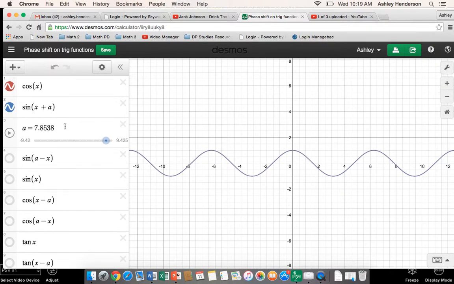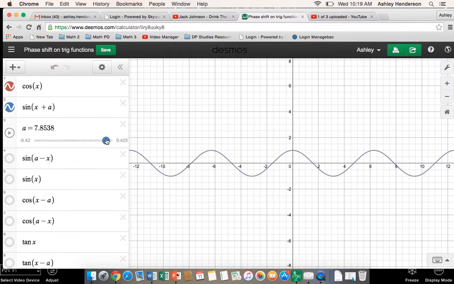So I want you to answer this question to yourself. If you want to write it down in your notes and then respond to it, we can talk about it the next time I see you in class. Why is it that they're different here, and then they're the same at pi over 2, but they don't overlap again until 5 pi over 2?